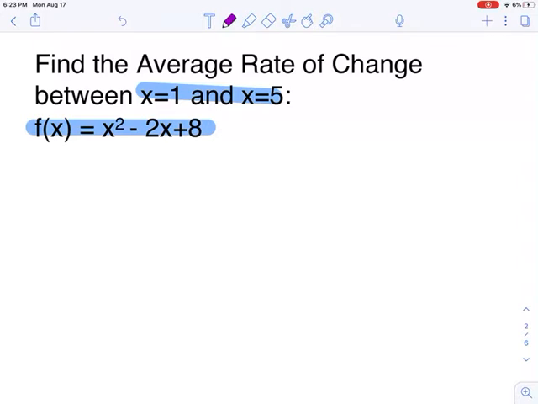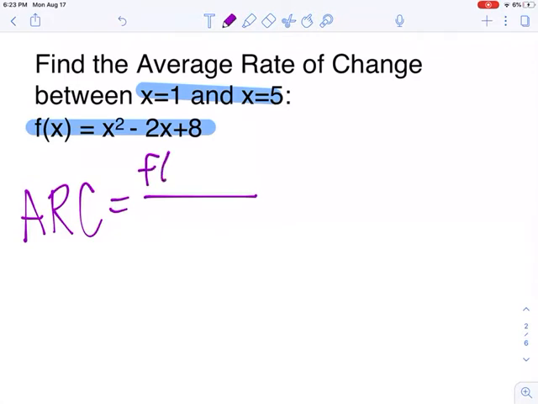So our average rate of change is just the slope between our 2 points. So we need to calculate our function at 5 minus our function at 1, all over 5 minus 1.